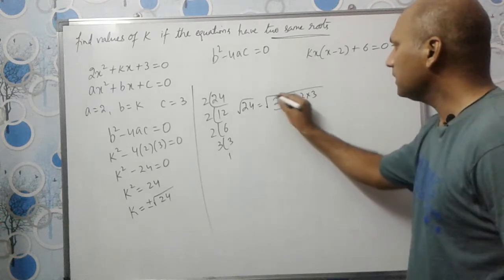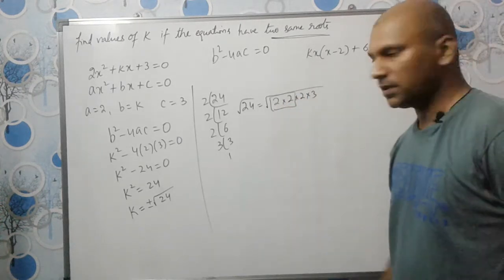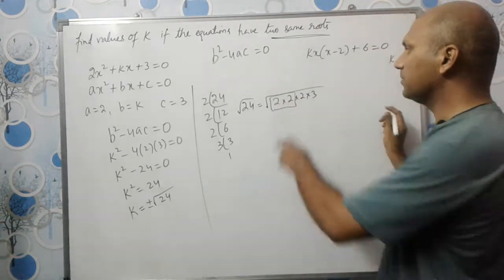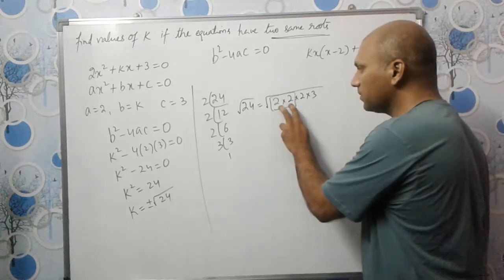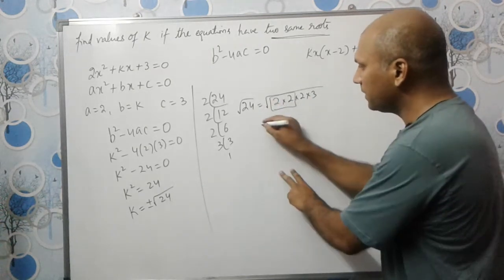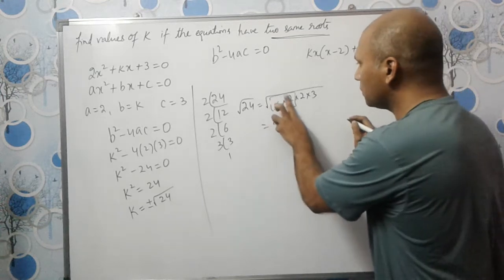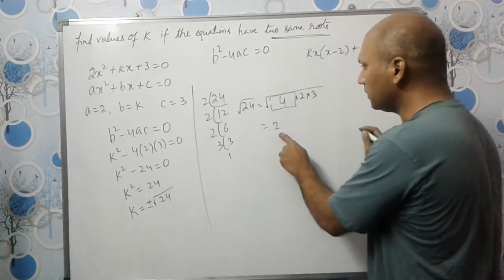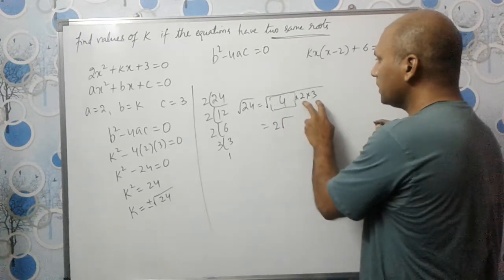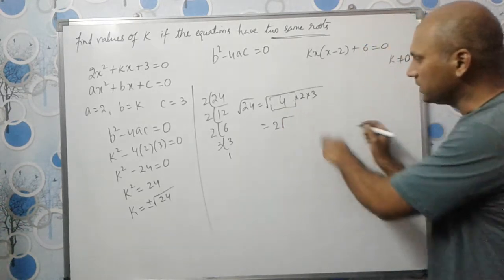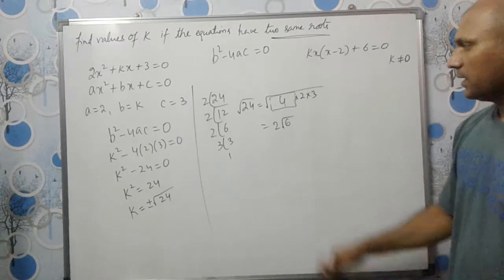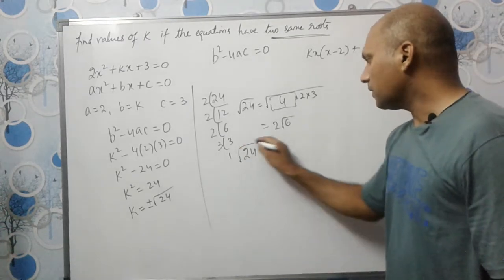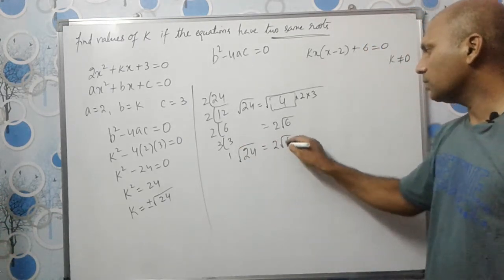Now see, 2 is coming 3 times here, but this 2 is coming 2 times, so we can write it outside 1 time, because these 2 2s will be actually equal to 4. We know root 4 is equal to 2, but this one is not having pairs. 2 3s will be 6. So root 24 we can write as 2 root 6.